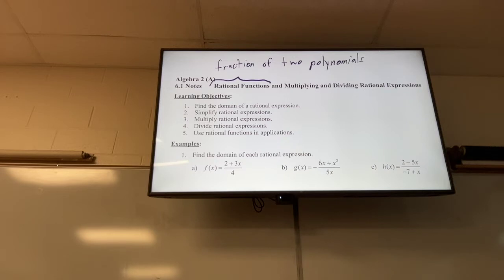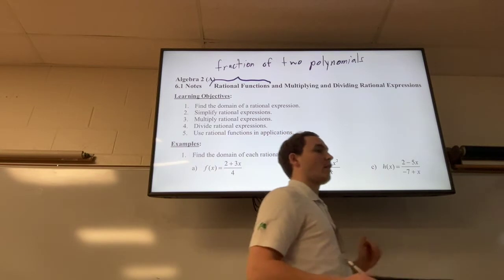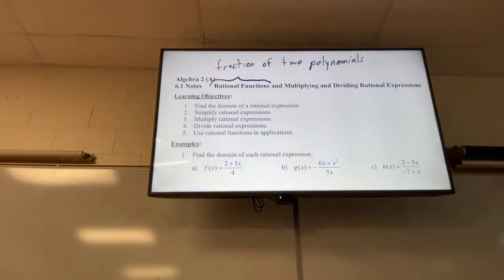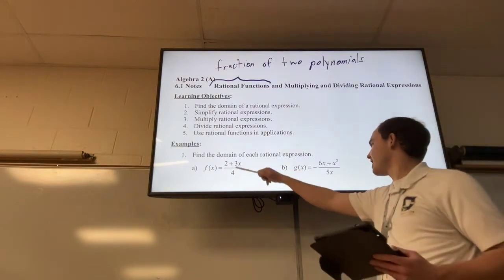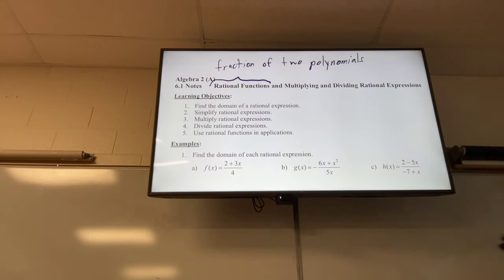It's a fraction where the numerator and denominator are both polynomials. So here we have a linear polynomial over a constant, a quadratic polynomial over a linear polynomial, and then 2 linear polynomials. That's a rational function. Special stuff happens with rational functions.